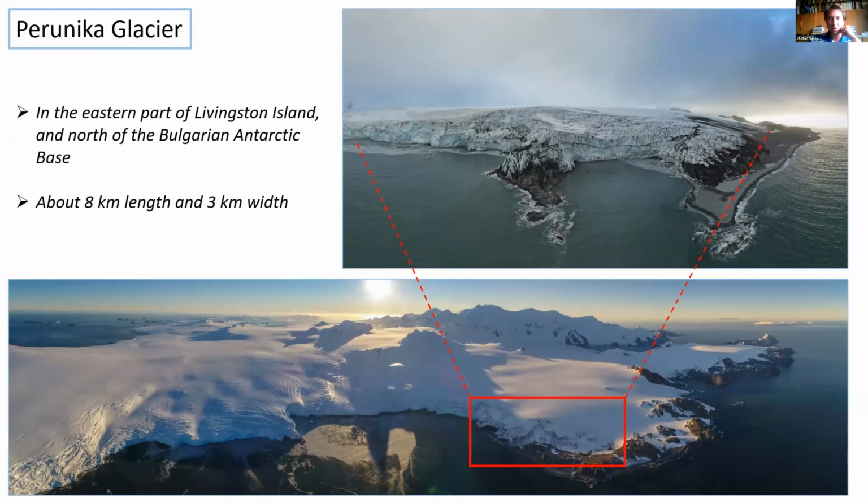Perunika Glacier is situated in the eastern part of Livingston Island and north of the Bulgarian Antarctic base. The glacier is about 8 kilometers long and 3 kilometers wide.